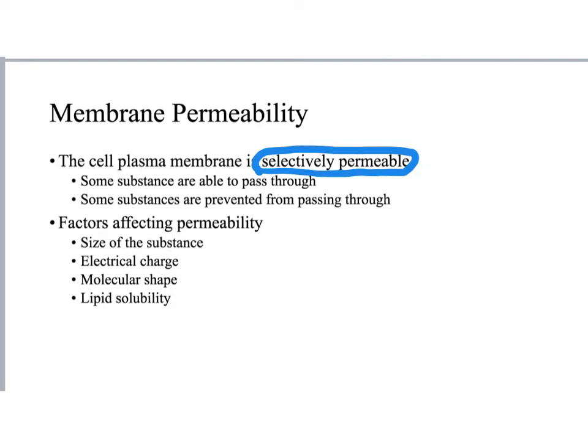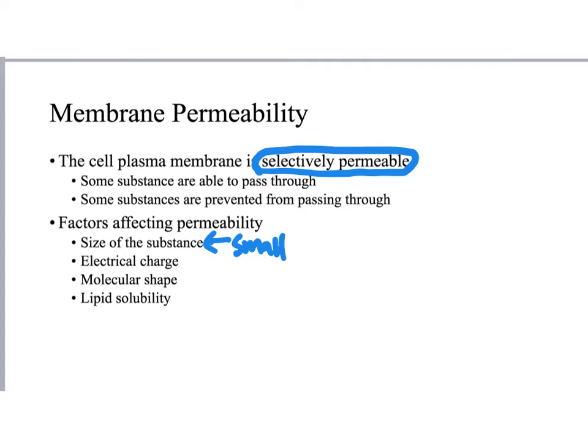I've already mentioned the size of the substance, so things that are very small, for example, will pass easily across that membrane. Electrical charge: a lot of the proteins on the surface of the cell are negative and will tend to repel other negatively charged material.